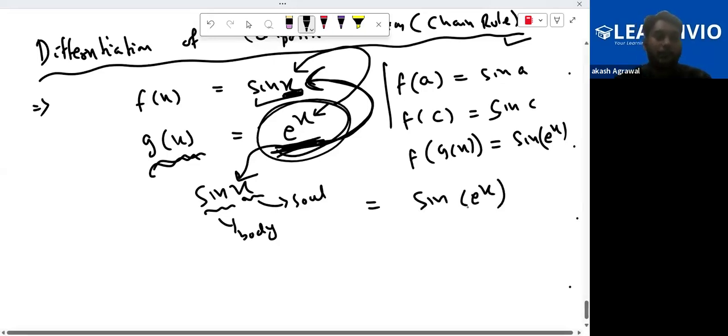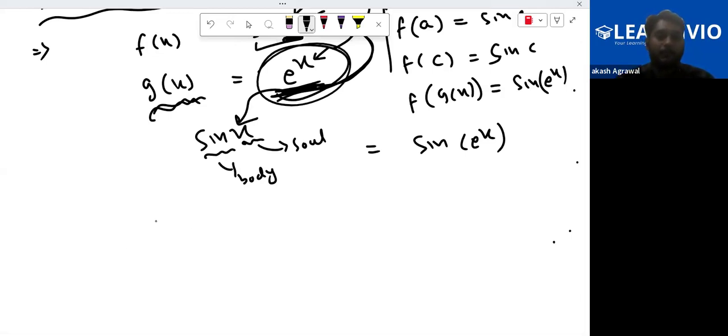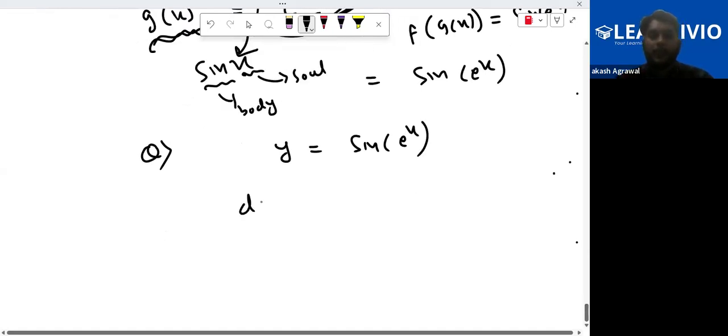Now we have to differentiate this. And differentiation means we are the priest, the psychiatrist who removes the soul. So we'll differentiate this function sine e to the power x. Whenever you are at work, remember, just like in horror movies, we have to bind the body first, so that there is no violence. So first we differentiate this sine.